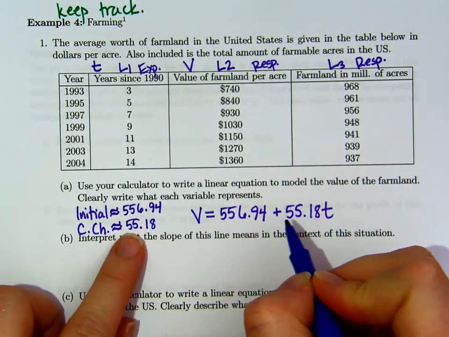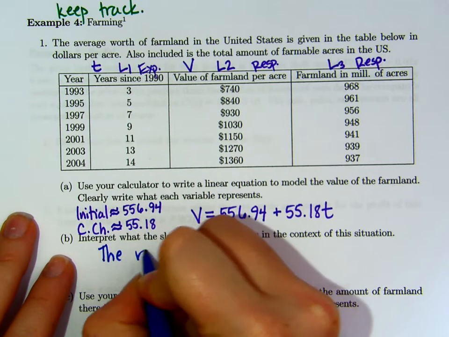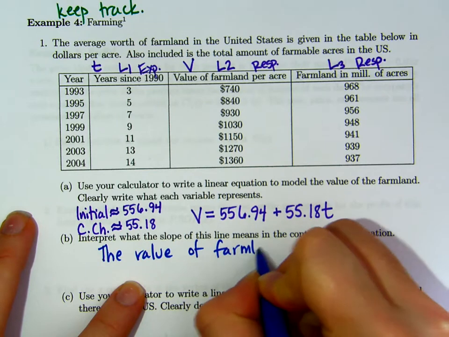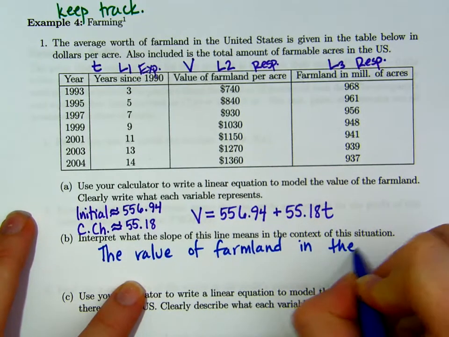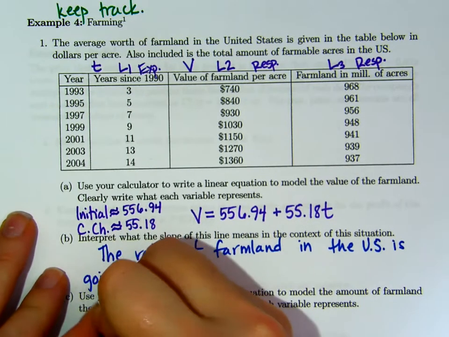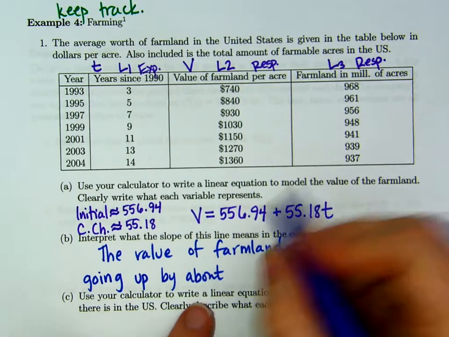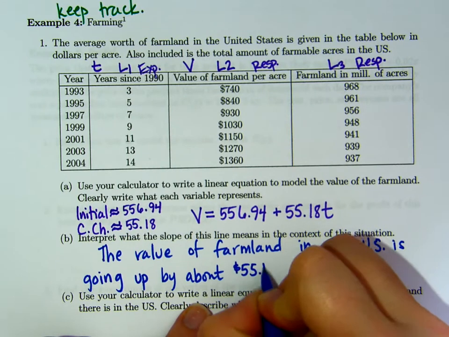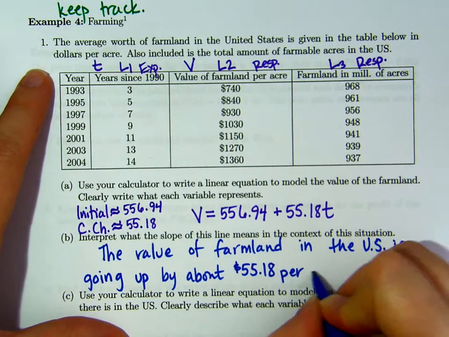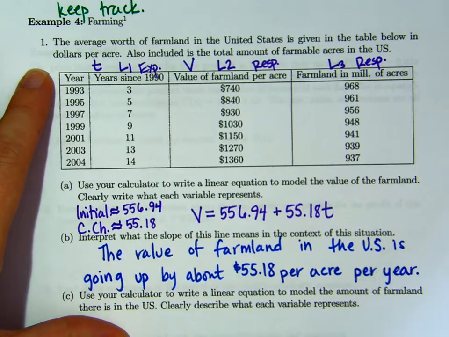So the constant change here is, okay, the value of farmland in the U.S. is going up by about $55.18 per acre per year, or each year that passes.